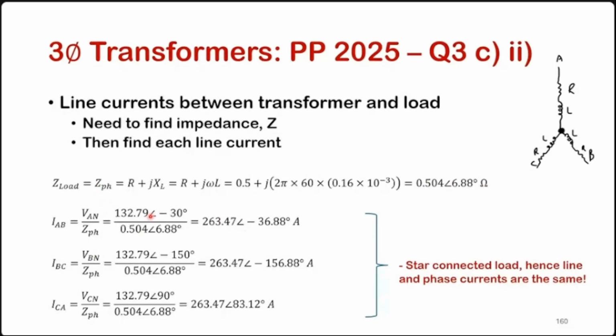Remember, you have your angles from before. You make sure you use your angles, and you use the angle for your load as well. When you do that division, you should get your corresponding line or phase currents. Straightforward, simple enough, right?